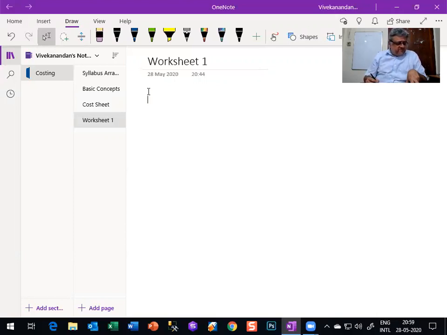First one is finished product at cost, 2,10,835. What does it mean? It means finished goods produced. From where will finished goods be produced? What would be the source of finished goods in the before stage? It will be work in progress.